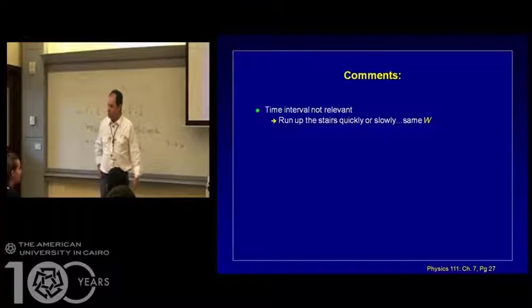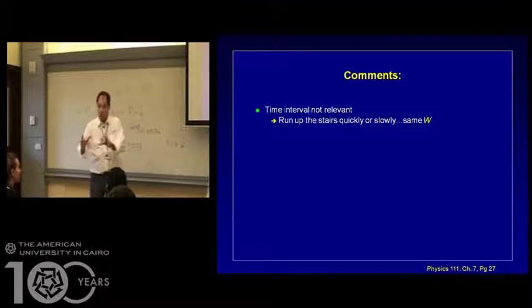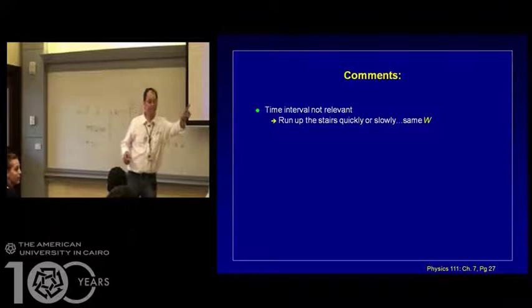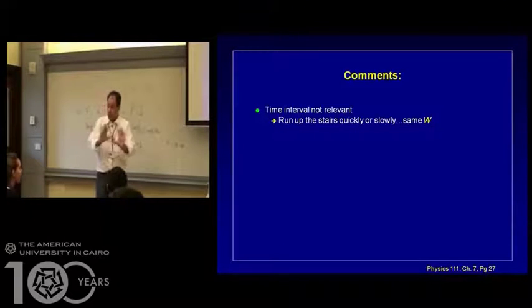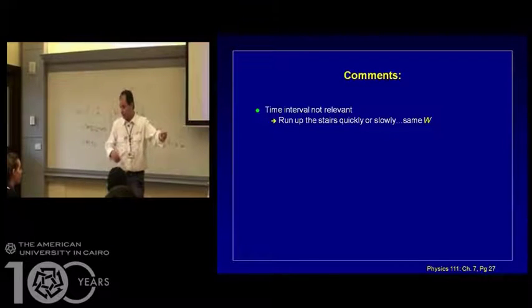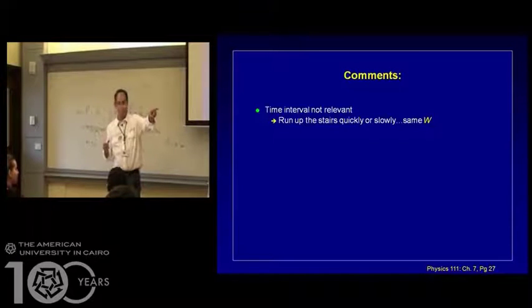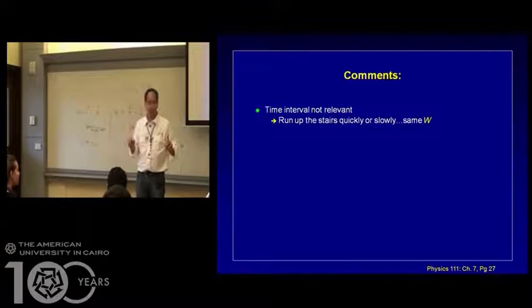But you do the same work over 15 minutes to go up, or over 1 minute to go up. And this is power. Work done per unit time is power. So the power is going to be different, but the work done is going to be the same.